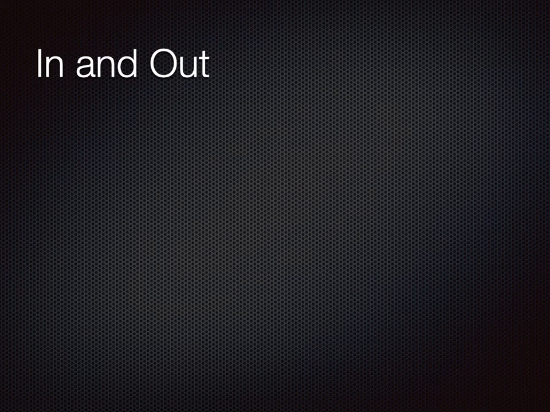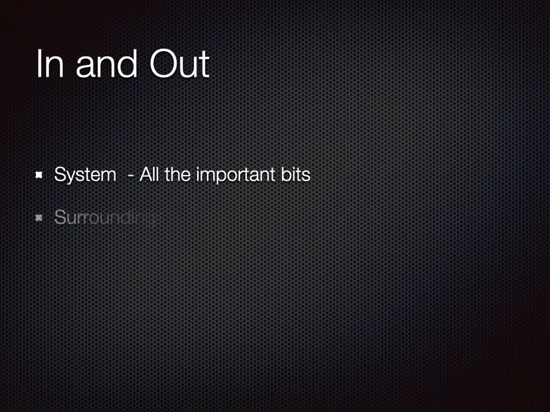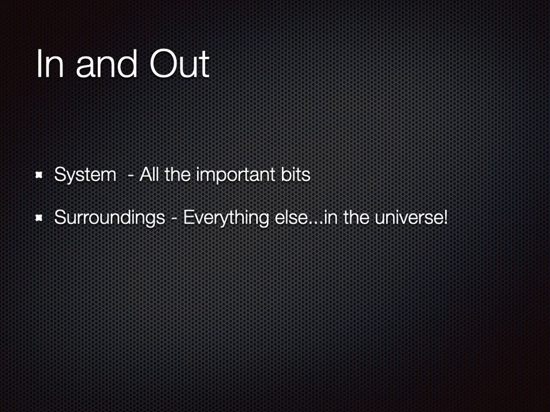And so what we want to do is think about whether or not heat is coming into or out of a particular system. So again, a system is all the important things that you're defining, that you are measuring. The surroundings then become everything else in the universe. And if that system is absorbing heat from the surroundings, or if it is losing heat to the surroundings, those are different processes.